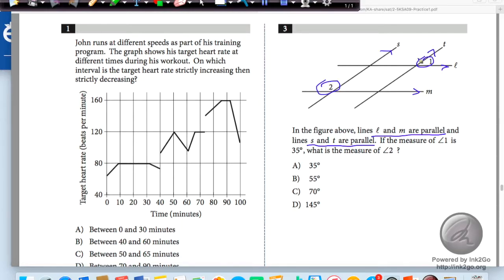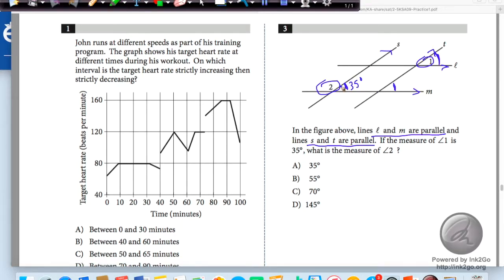Well, if you understand the rules in terms of geometry, then you'll see that this angle here, for 1, is also going to be congruent to this angle here, which would therefore be congruent to this angle here. And it says if the measure of angle 1 is 35 degrees, so this angle here is going to be 35 degrees.